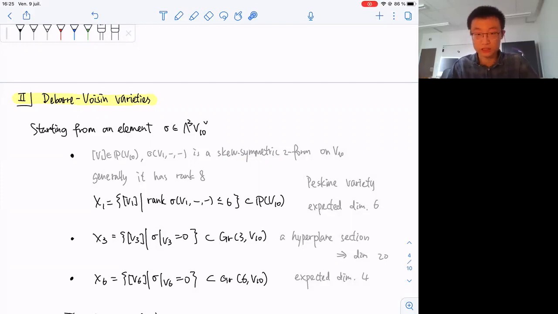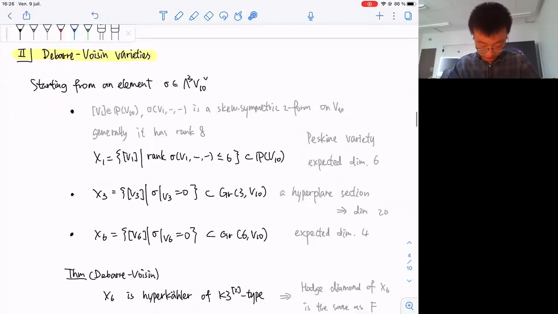So it cannot have rank 10, which means that generically it will have rank 8. And I demand X1 to be the locus where this rank drops even further. So this is the locus where the rank of this 2-form is less than or equal to 6. So this is a certain degeneracy locus in P9. And this was first studied by Pfaffian-type methods of Beauville, and this is a Fano variety of expected dimension 6.